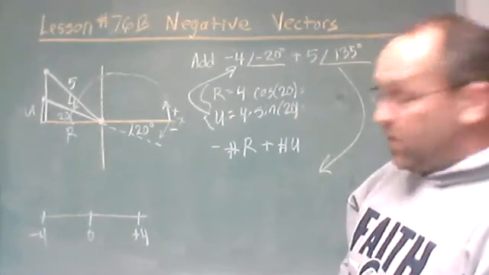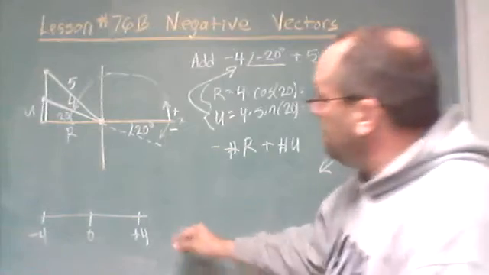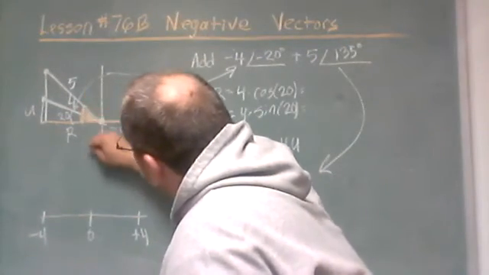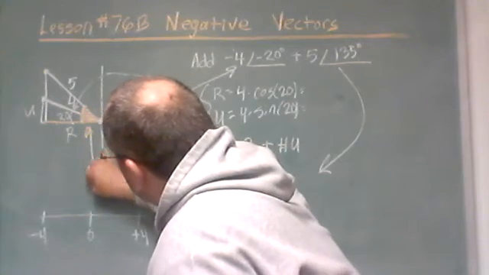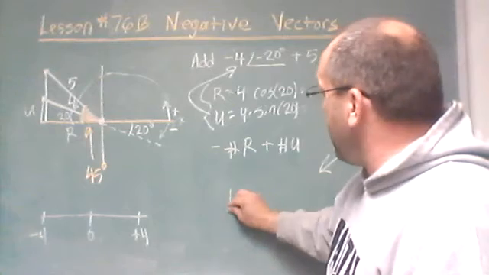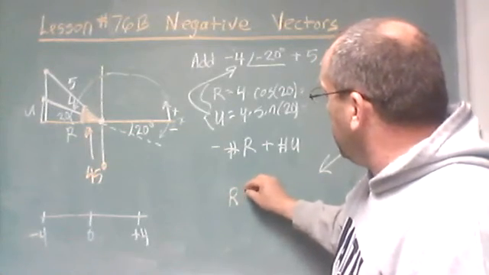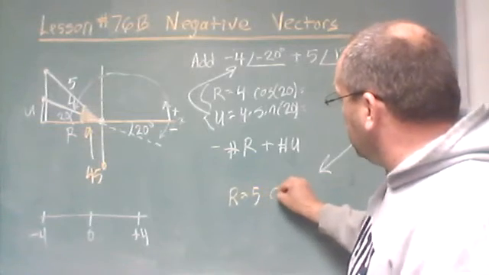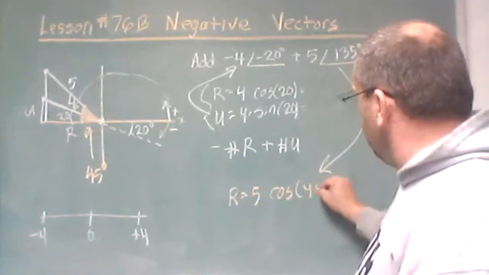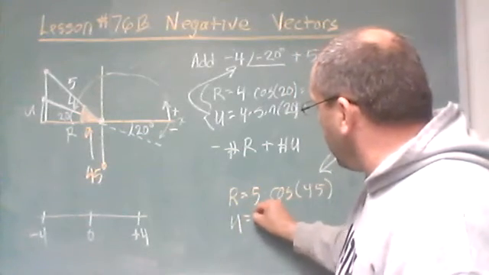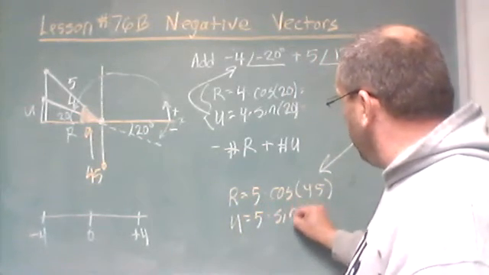My reference angle is right here, back to the x-axis, in the orange. That angle is 45 degrees. To find my r component, I take my hypotenuse times the cosine of 45. To find my u component, I take my hypotenuse times the sine of 45.